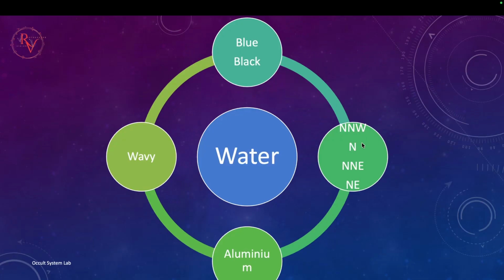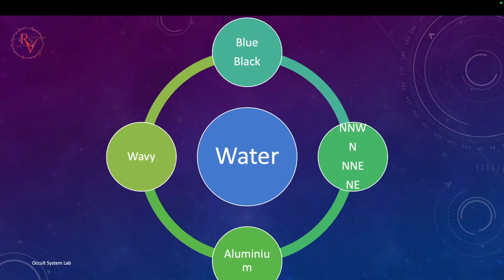The directions ruled by the water element, as you already know, are northwest, north, and northeast. The metal of the water element is aluminium, and anything that is wavy in structure represents water element. So if you know these four things, now you know how to identify the water elements.